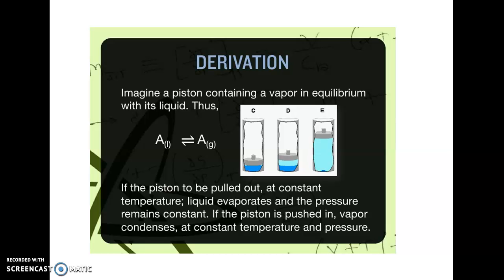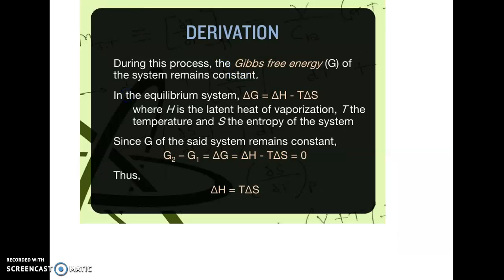If the piston is pushed in, the vapor condenses at constant temperature and pressure. During this process, the Gibbs free energy G of the system remains constant.